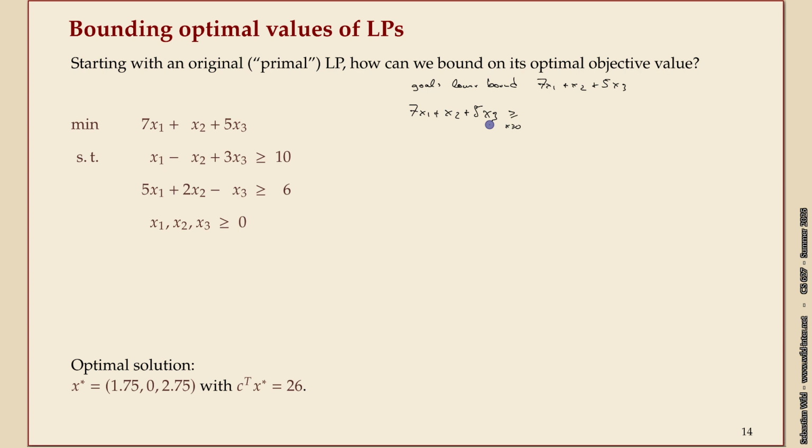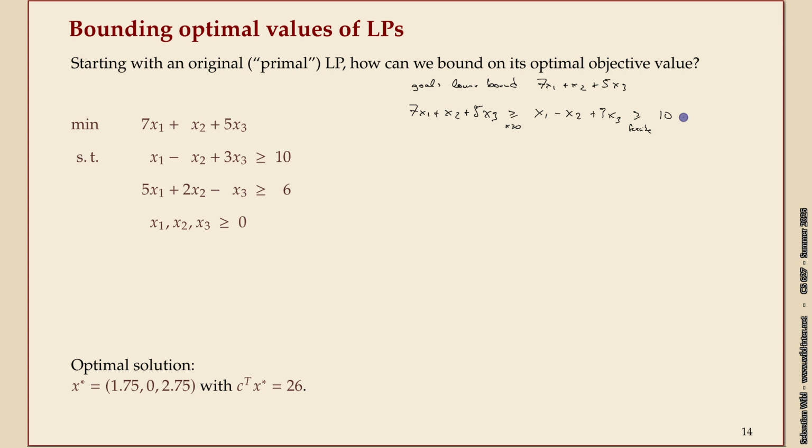That makes the overall value smaller. In particular, instead of 7 we can take 1 for x1, instead of plus 1 we can take -1, and instead of 5 we can take 3. And then I've essentially reproduced this first constraint. Because x is feasible, this has got to be bigger than 10. Ta-da! I've proven a lower bound of 10 on the optimal objective value subject to the constraints.